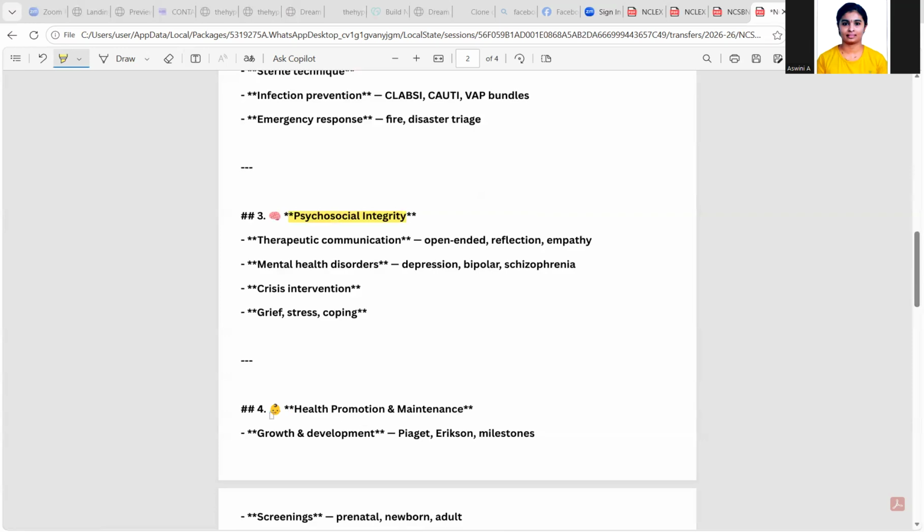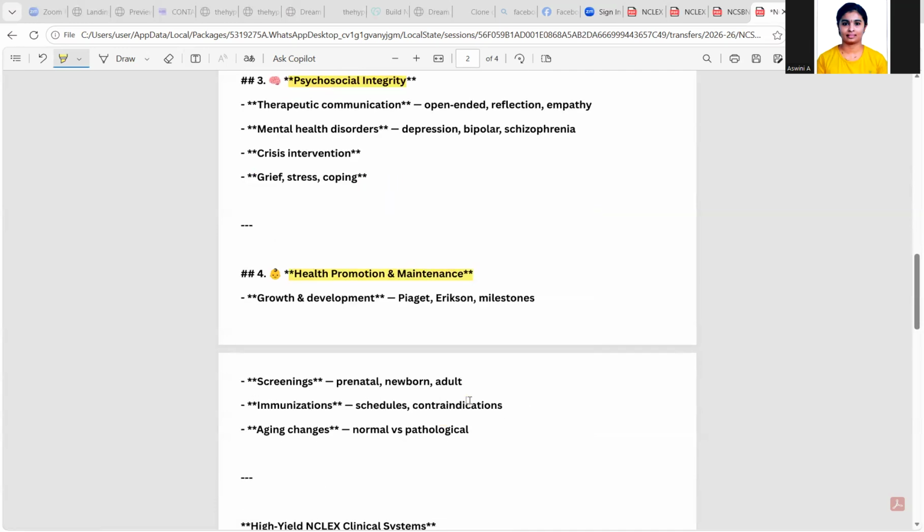And the fourth one is health promotion and maintenance. Here, all the screening tests, that is, health promotion and how health is maintained, to prevent getting infections or illnesses.